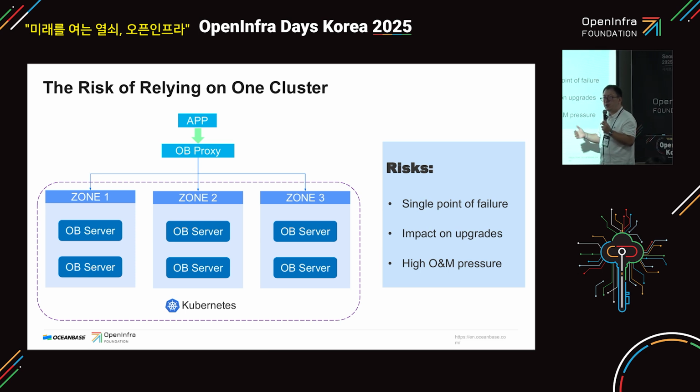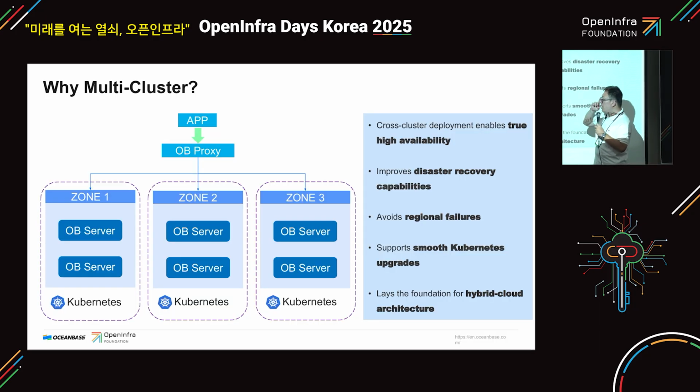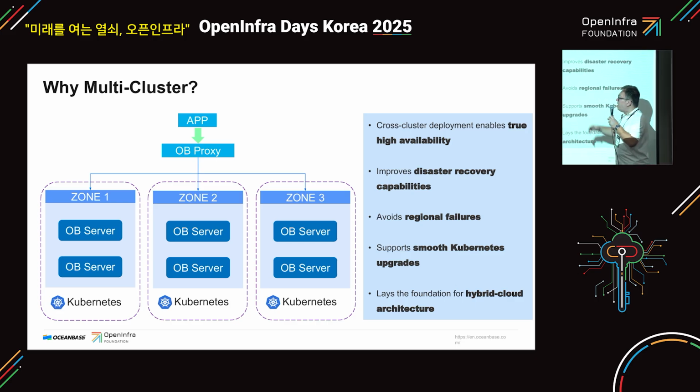After that, we changed our approach from deploying on a single cluster to multi-cluster. Why does multi-cluster make sense? In a multi-cluster architecture, we deploy each availability zone independently in its own Kubernetes cluster. It gives the system true high availability and disaster recovery.